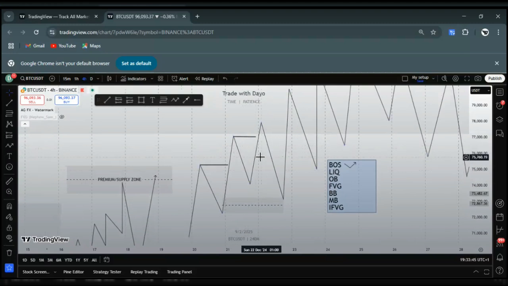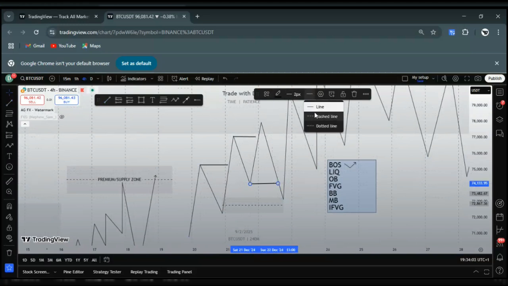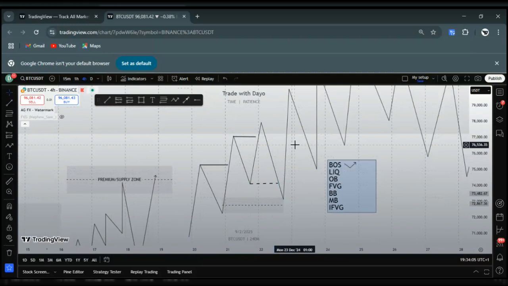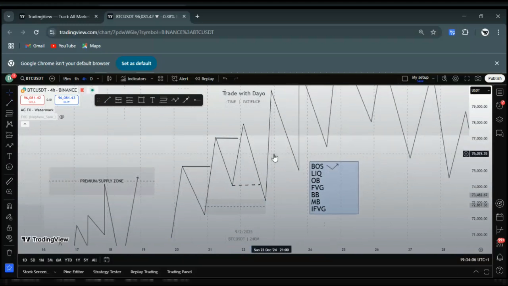So the first break of structure, then the second break of structure, then what? We expect a sweep of liquidity, which is this. I'm going to make the sweep of liquidity a dashed or dotted line, signifying a sweep of liquidity.